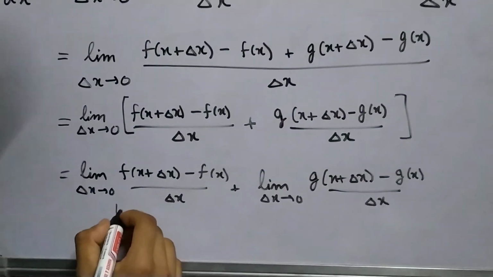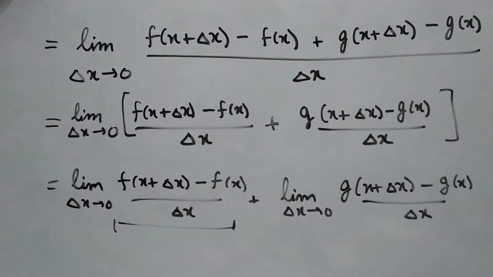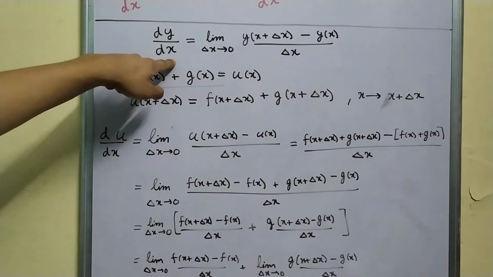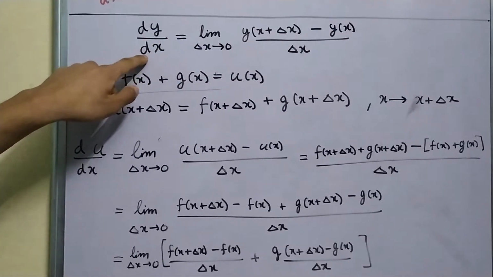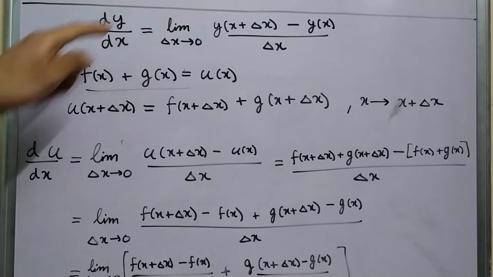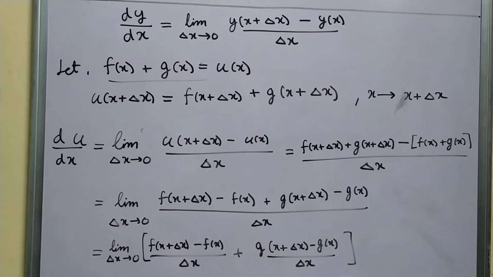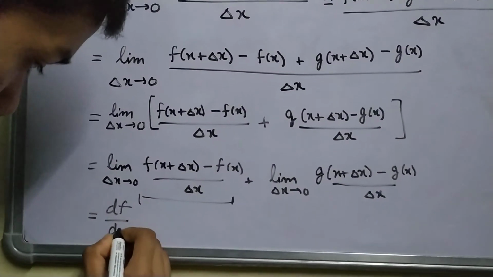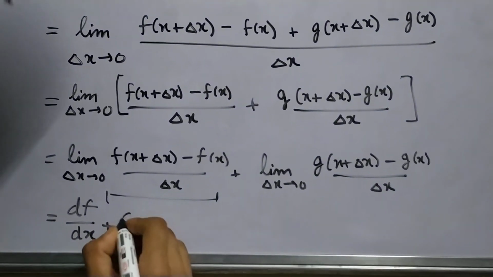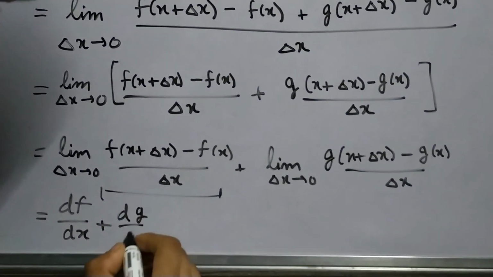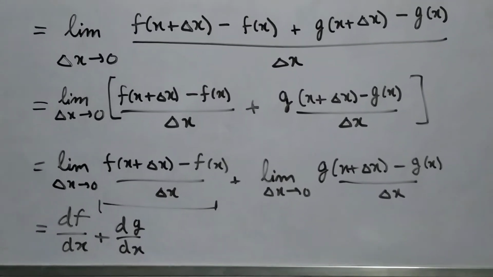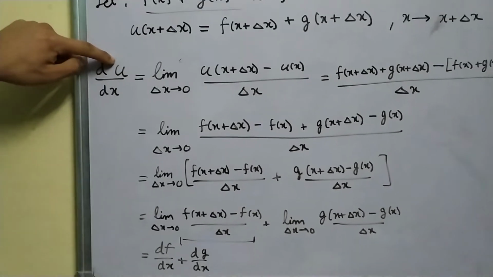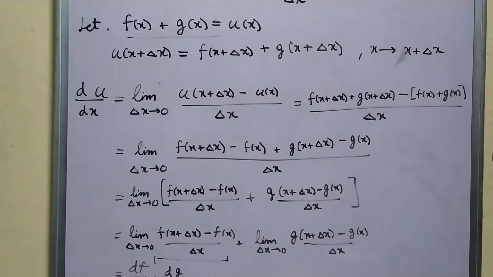And this again is nothing but our definition of derivative with y replaced with f. So this is basically df by dx, and this is nothing but dg by dx, and u is also f plus g.